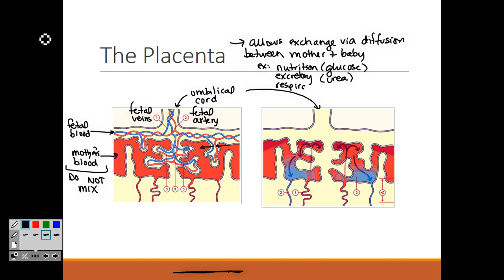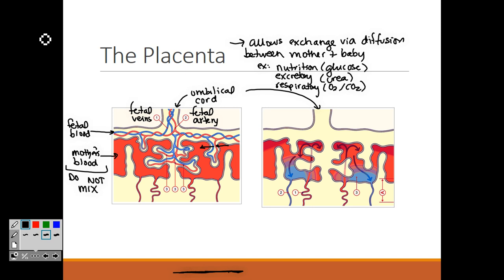Certainly respiratory. So we're talking oxygen and CO2 exchange. If you take a look at the second picture, I know mine's colored and yours isn't, but perhaps you remember that where the blood looks a little bluer, there's less oxygen, and where it looks a little redder, there's more oxygen.